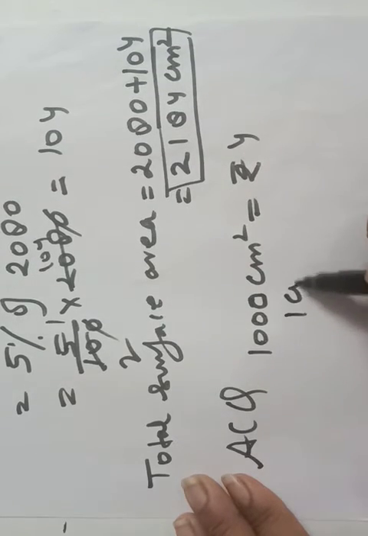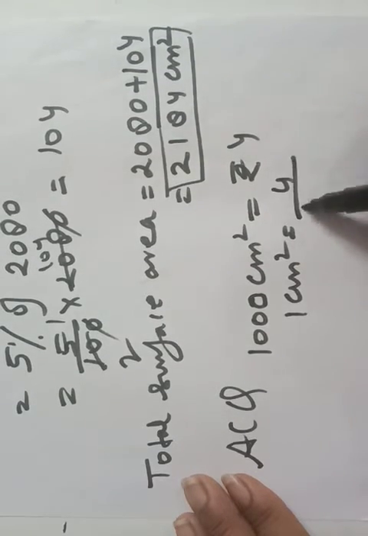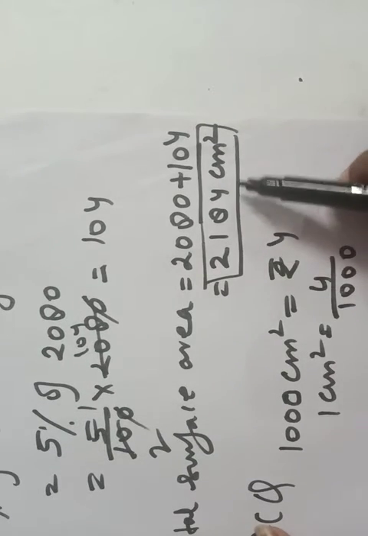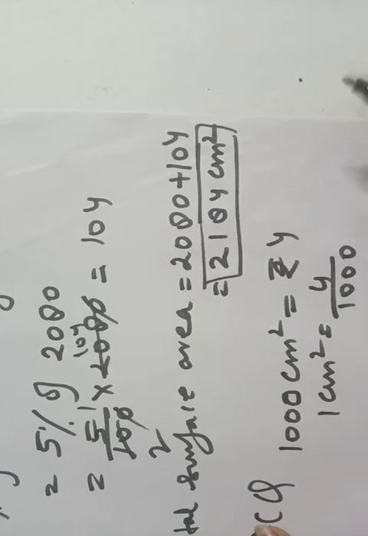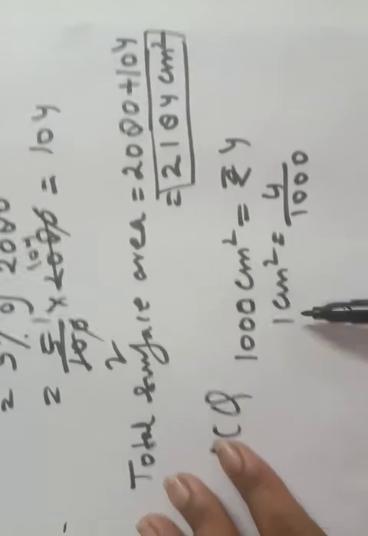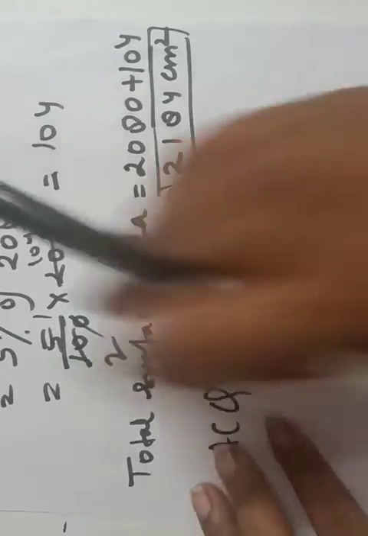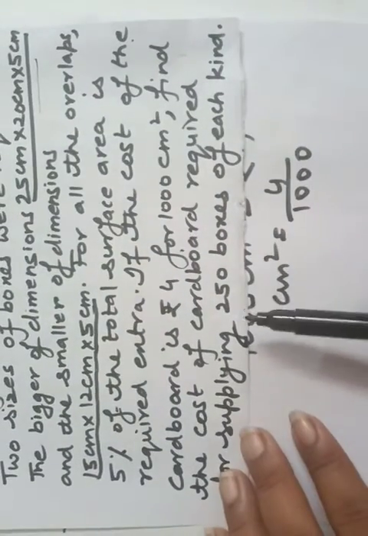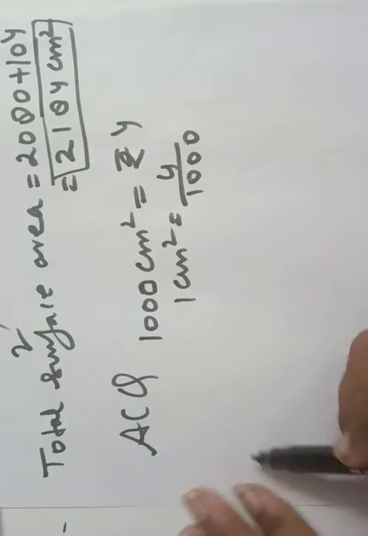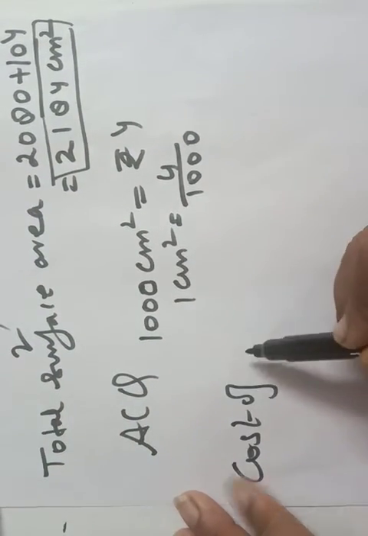So 1 centimeter square will be equal to 4 upon 1000. We have the total, that is 2184 centimeter square, and instead of 1 centimeter square we can put 4 upon 1000, and we have to find it for the 250 boxes.